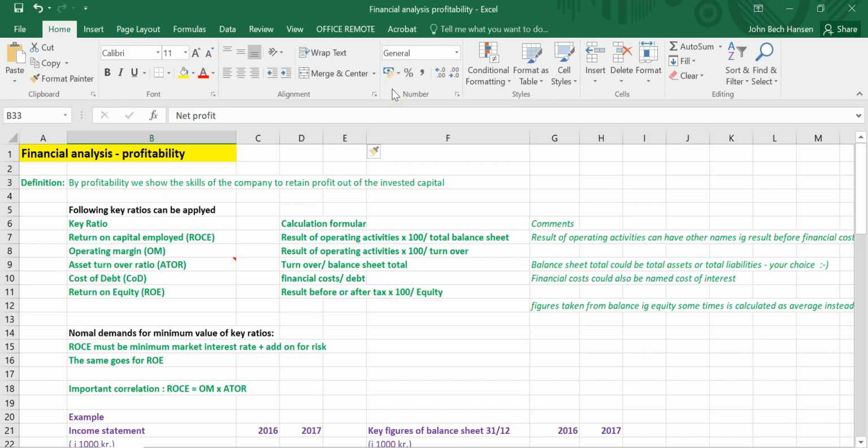So another thing when we talk about profitability is how much have we actually invested? Now the operating margin is telling us how much we are making in profit from the turnover. But how much have we invested to make the turnover?